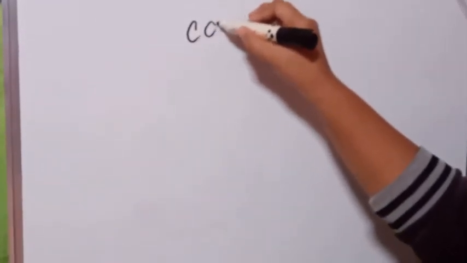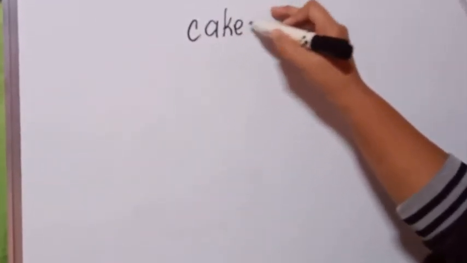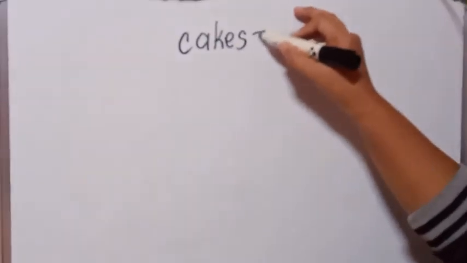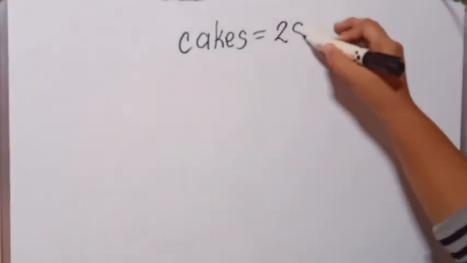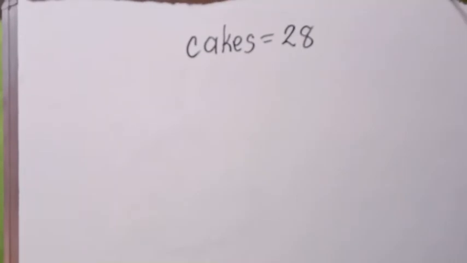After reading our word problem, we need to find out what are the given or important numbers that we need to solve, able for us to know the final answer. So we got the cakes that she sold in one day is equivalent to 28 pieces.